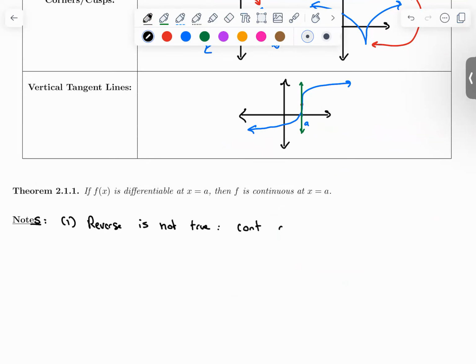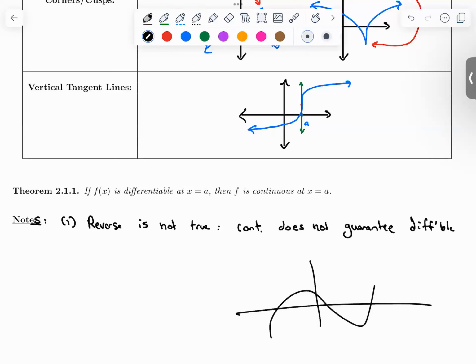Continuity does not guarantee differentiability. This curve is continuous everywhere and it is differentiable everywhere, but that's not guaranteed because you could also have this example. This function is continuous everywhere, but it's not differentiable at a.